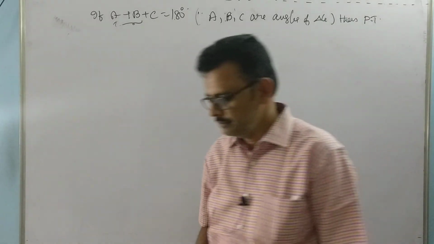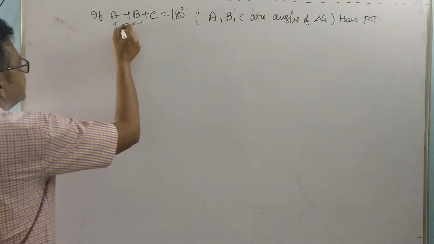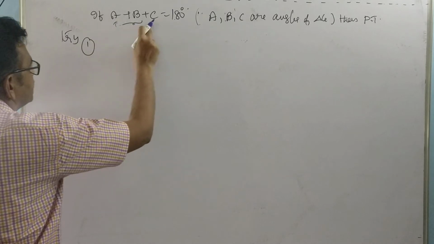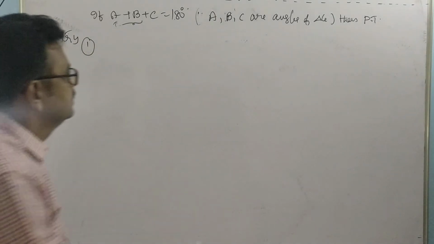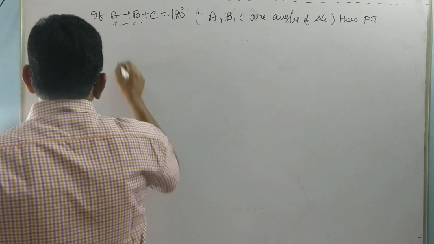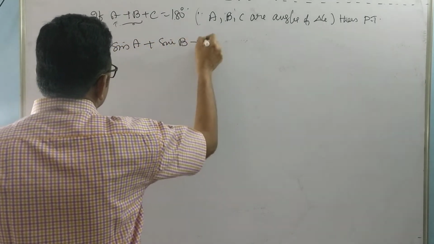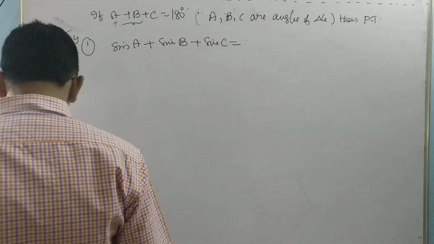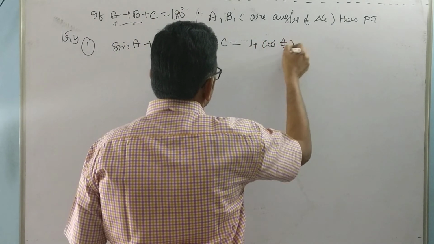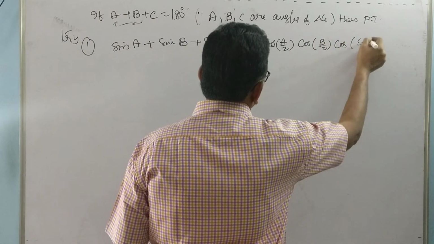Next one, I will give you 2 problems based on the same model. Try yourself. First one, if A plus B plus C equals 180 degrees, or A, B, C are angles of a triangle, then prove that sin A plus sin B plus sin C is equal to 4 cos A/2 cos B/2 and cos C/2.